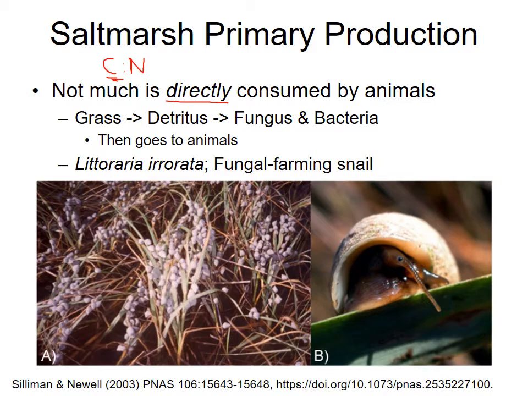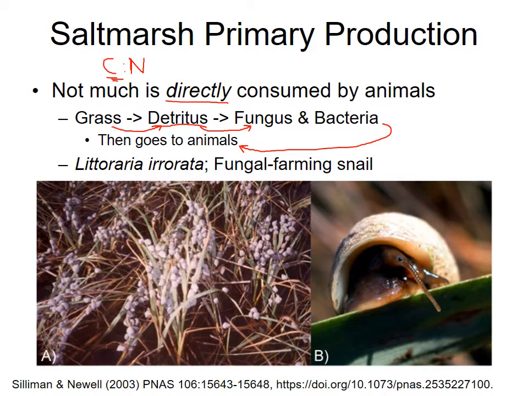So the detrital food web is really important in salt marshes, which means that the grass debris becomes decomposed or half decomposed detritus, supporting communities of fungus and bacteria, other microbial decomposers, and then those bacteria and fungi are eaten by animals, and that's sort of how the food chain begins in a salt marsh.